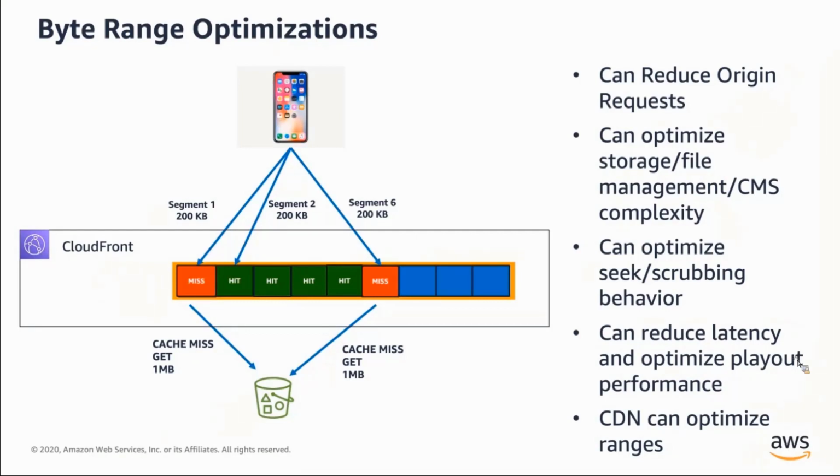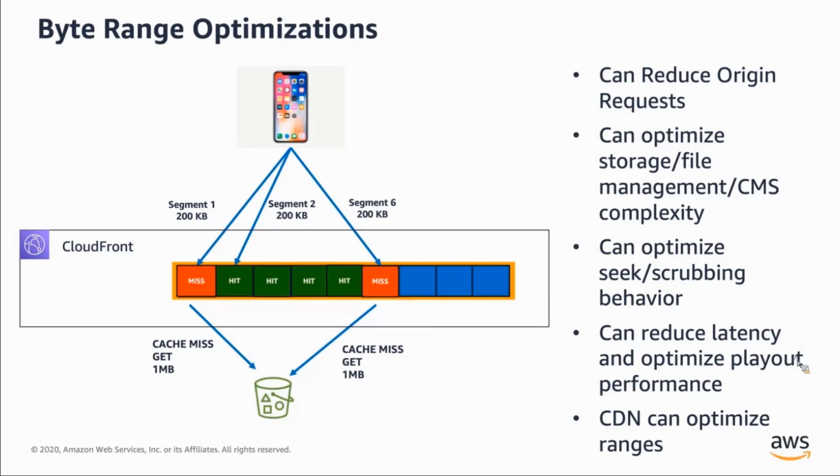For example, if you're getting a lot of different range requests for different parts of an object, we can do background fetches for the entire object so that we're minimizing the number of cache misses that go back through the infrastructure into the origin. We bring that object out into cache, and then service all those range requests from the cached whole object. We can also do range rounding and optimize the amount of data we're getting in a particular fetch.